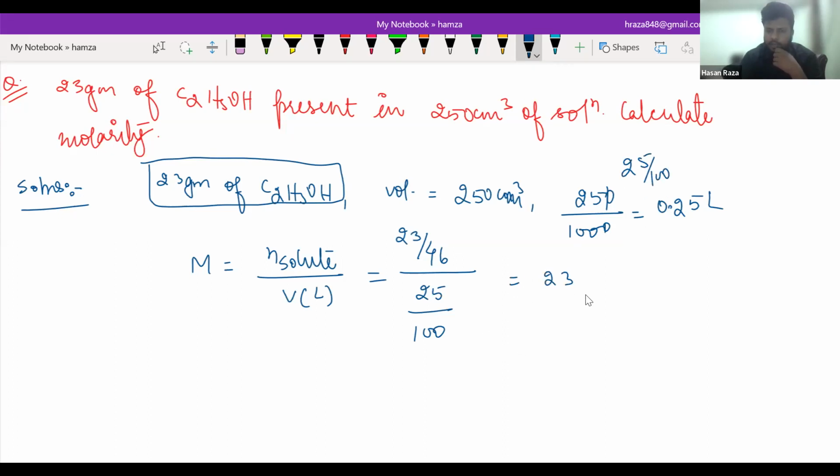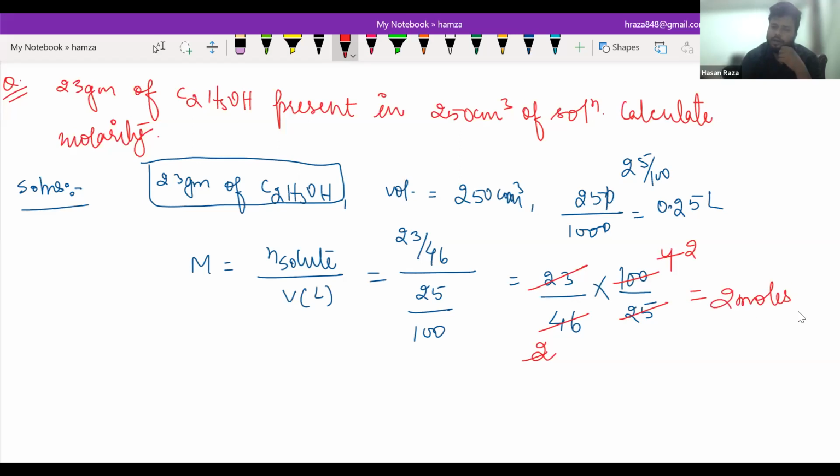Now we can easily calculate it, 23 by 46 into 100 upon 25. Again, you can easily see 23 to the 46, 25 4 the 100, and 2 to the 4. So the answer is 2 moles per liter, or 2 M.